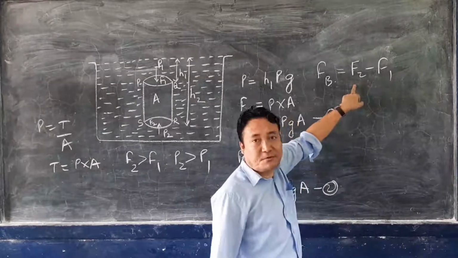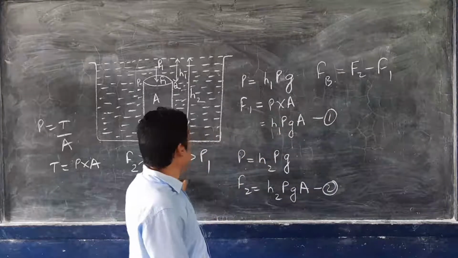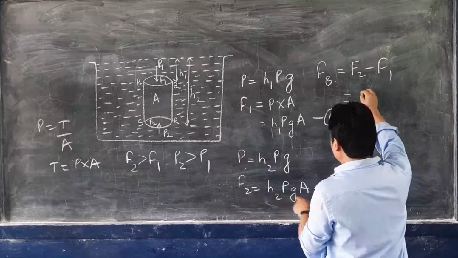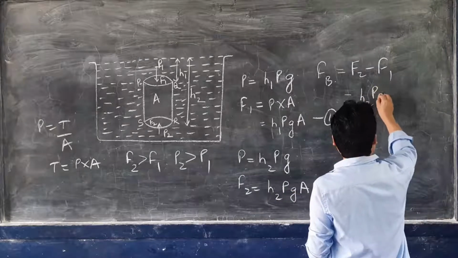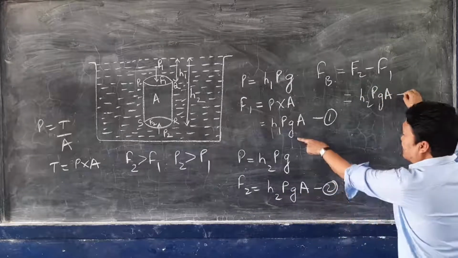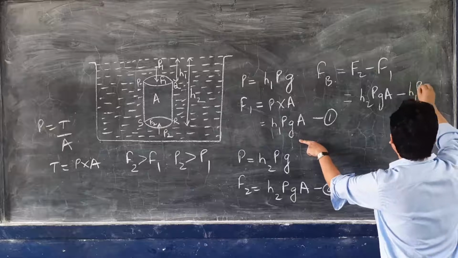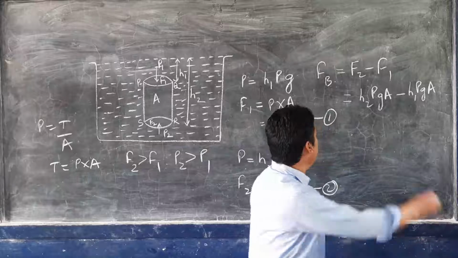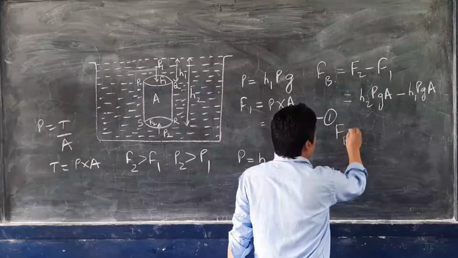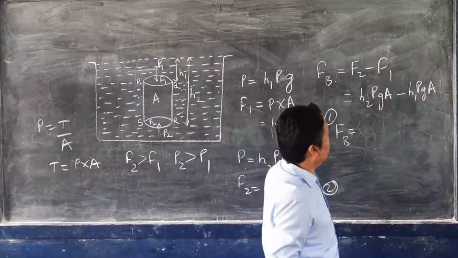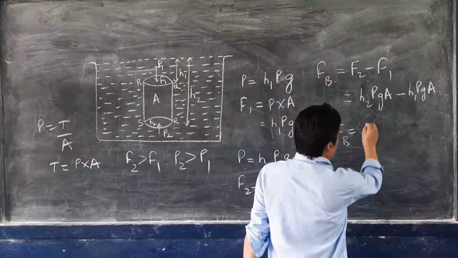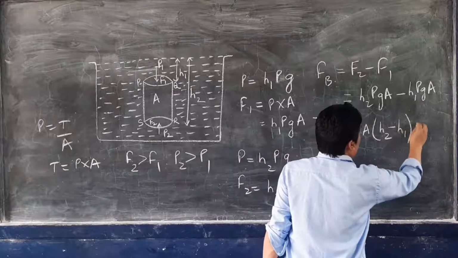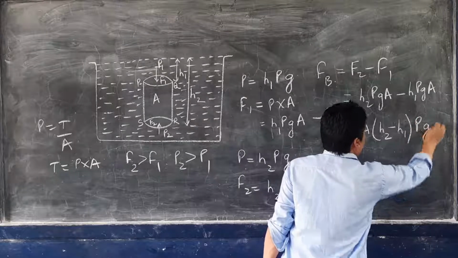Why am I writing F2 first? Because F2 is greater than F1 and P2 is greater than P1. So what is F2 here? F2 equals H2 PGA, minus F1, which is given here as H1 PGA. Then FB equals, you can take A common, H2 minus H1 into PG.